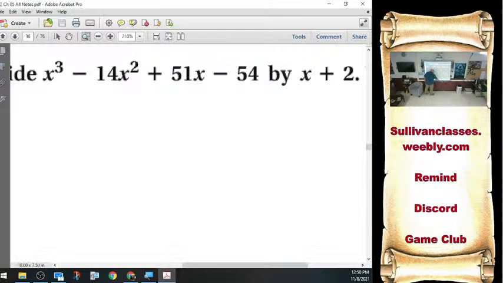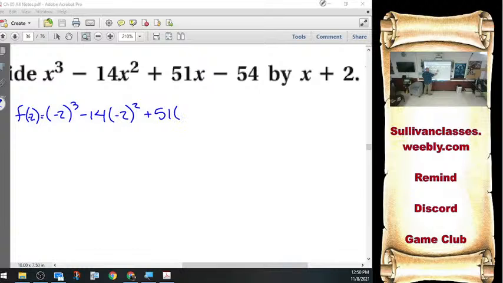This one did not go in cleanly, did it? We had a remainder? Yes, we did. I want you to try that. What is f of negative 2? Negative 2 cubed minus 14 times negative 2 squared plus 51 times negative 2 minus 54. I'll get 8, 4, 40, 56, right?